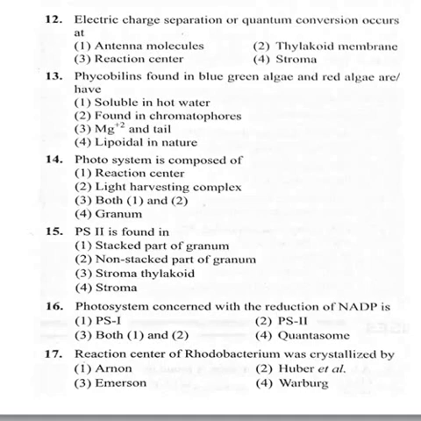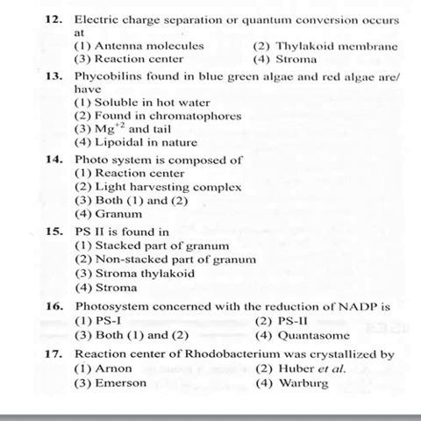Next, 14th question. Photosystem is composed of option 1 reaction center, option 2 light harvesting complex, option 3 both 1 and 2, option 4 grana. So photosystems are of mainly two types, that is photosystem 1 and photosystem 2.